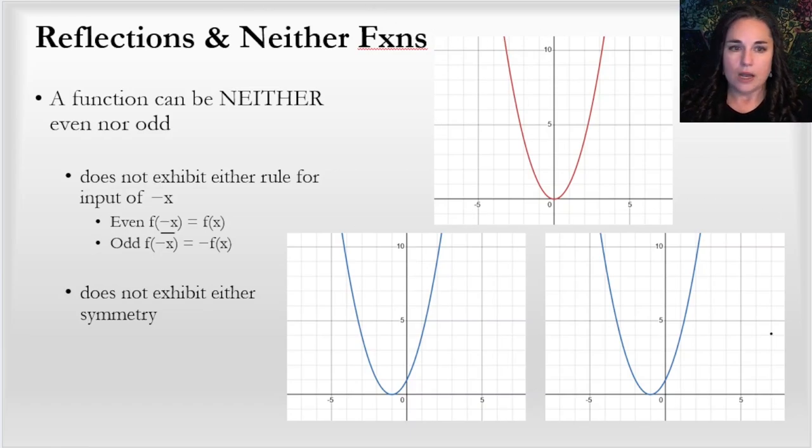So let's look at this parabola. The original toolkit parabola is x squared. There are no shifts or transformations or reflections or anything.